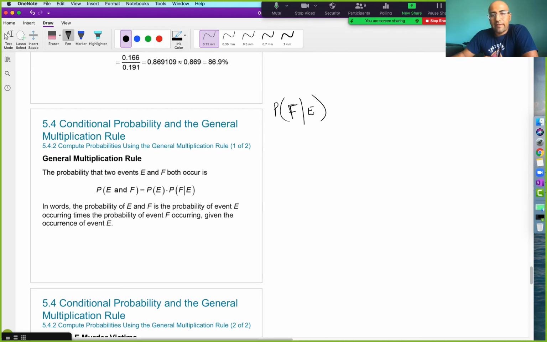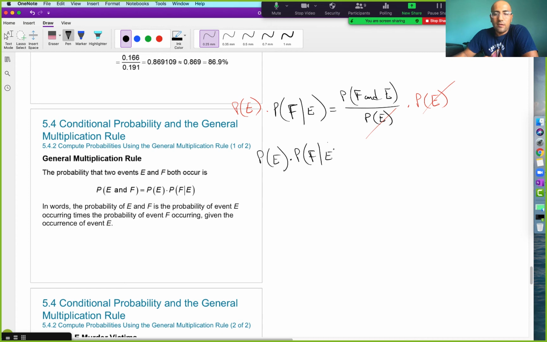The probability of F given E, we just said, is equal to the probability of F and E divided by the probability of E. So now if we multiply both sides by P of E, then this cancels, that cancels, and what I'm left with is the probability of E times the probability of F given E is equal to the probability of F and E.